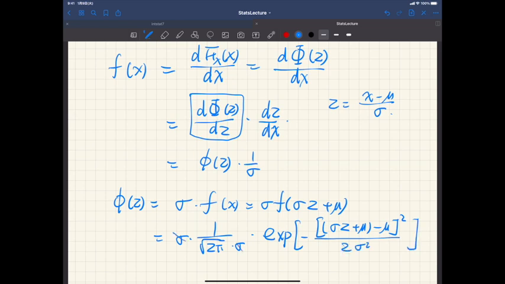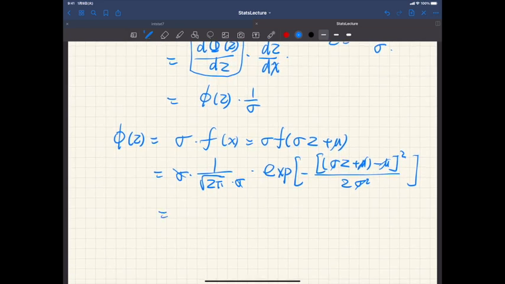And again, we get the same result, right? This mu cancels, this sigma cancels, because it's squared here. So after all, we have the same density function for the standard normal distribution.